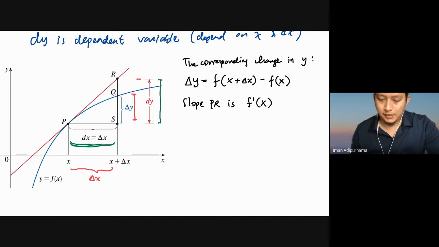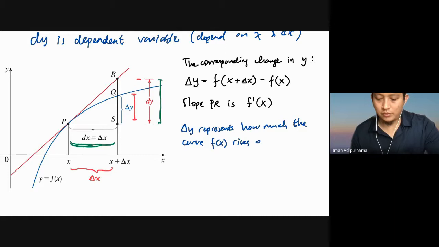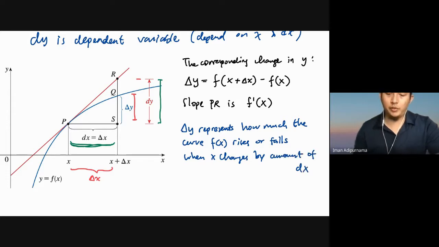Okay, so delta y represents how much the curve f of x rises or falls when x changes by an amount of dx. Okay? I hope you understand.